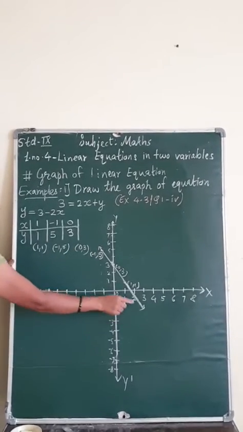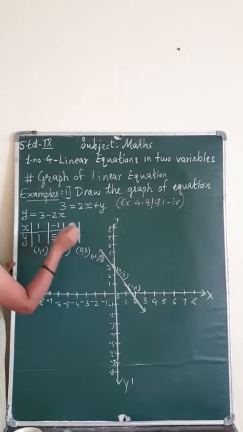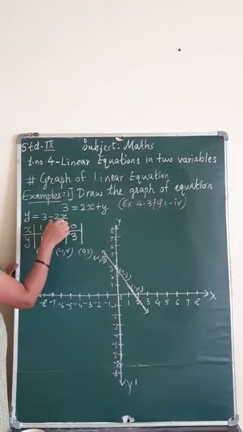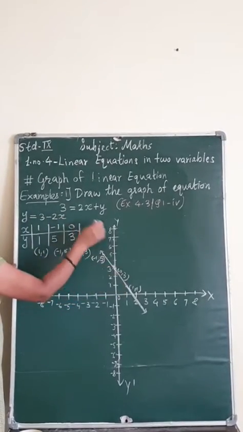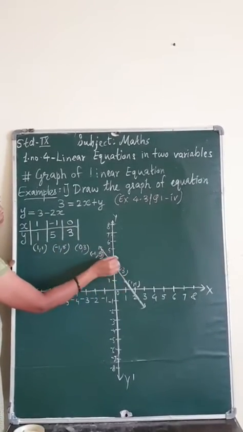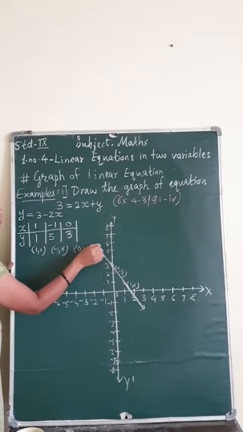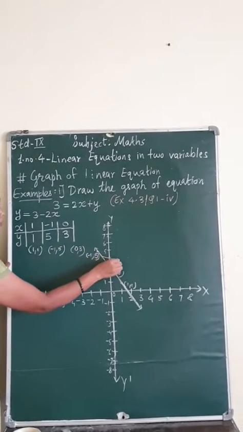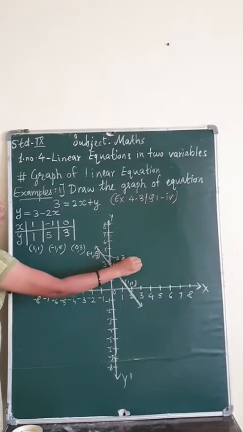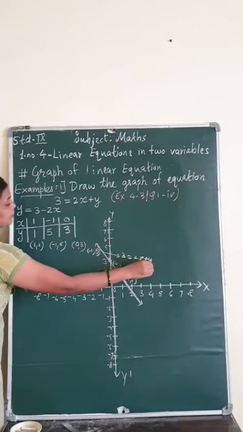This is how we get the straight line, and it is representing the line graph for the equation, I am writing it here, 3 is equal to 2x plus y.